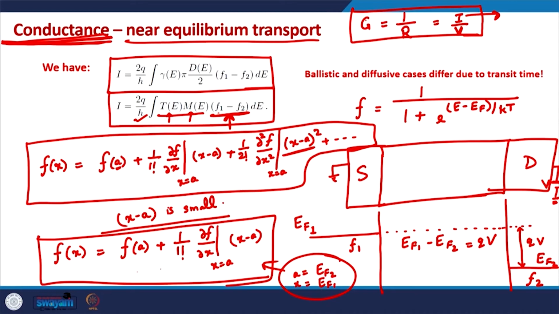In that case we can use this approximation. Okay. For that we need to know the derivative of f with respect to x, or derivative of f with respect to EF, because in this case we are assuming the Fermi function to be a function of Fermi level. Okay. So, let us try to do that.